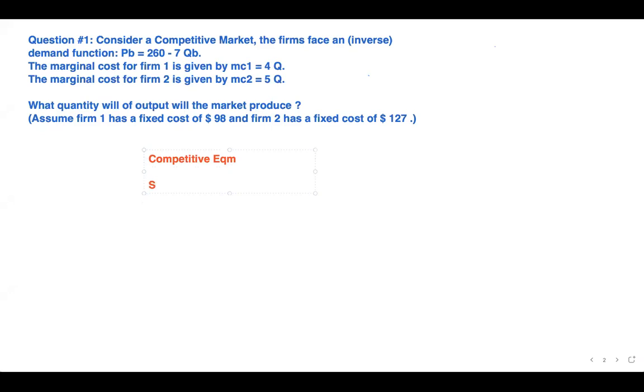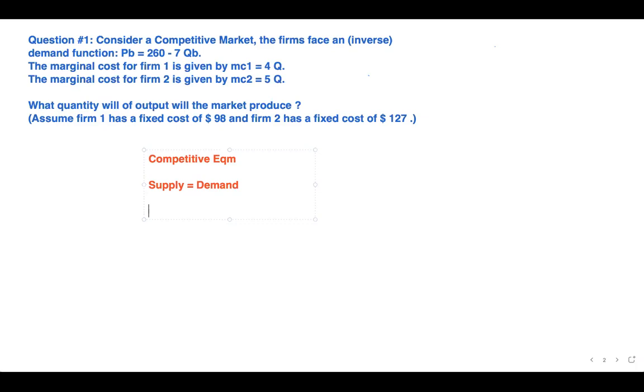One is supply equals demand. So we have a demand curve, you just don't have the supply curve. Does that help enough, or do you need more?